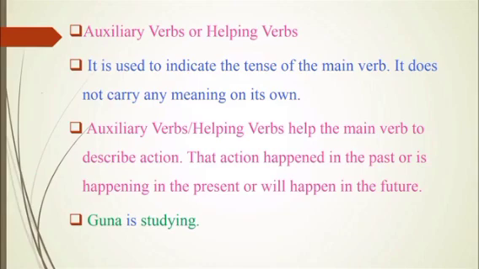Auxiliary verbs or helping verbs help the main verb to describe action, that action happened in the past, or is happening in the present or will happen in the future. For example, "Guna is studying." Here, is is an auxiliary verb.